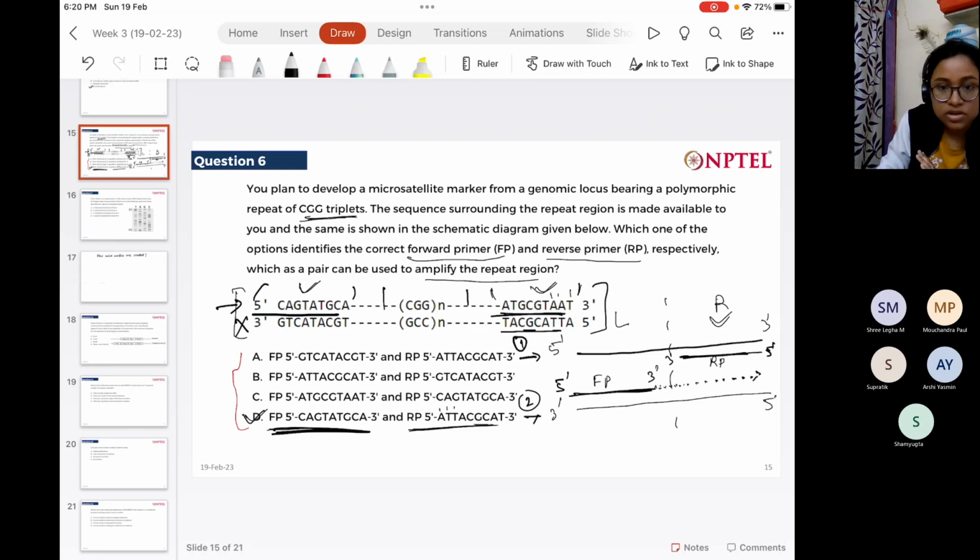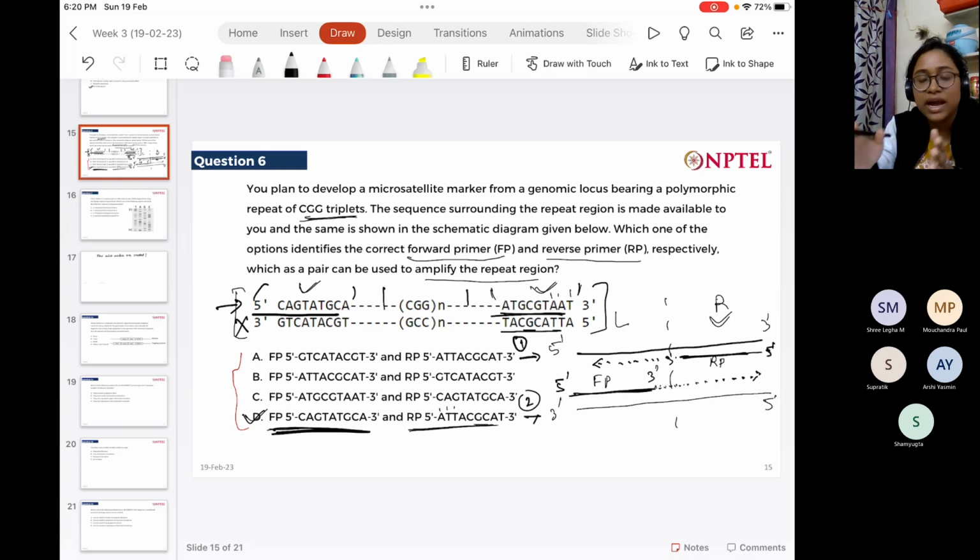Due to the presence of the reverse primer, the polymerization reaction can grow from 5 prime to 3 prime end in this direction. So the reverse primer is helping the amplification of the first strand, whereas the forward primer is helping the amplification of the second strand.